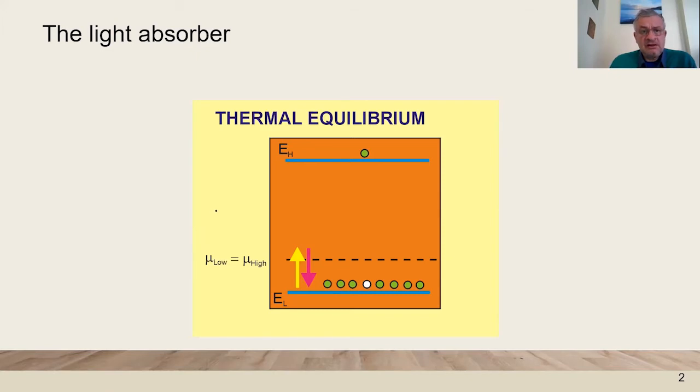Now in the dark, this is in thermal equilibrium with the surrounding radiation. So there are basically two processes of thermal promotion of carriers and recombination, and this is totally in equilibrium.